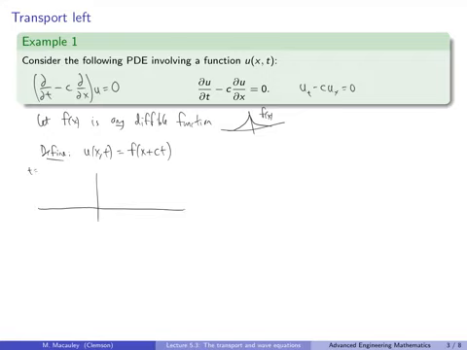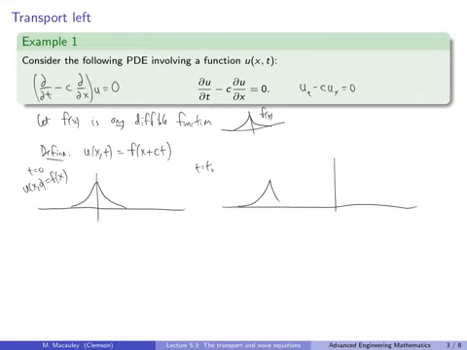First of all, at t equals 0, u of x, 0 equals f of x plus 0, so f of x, because t equals 0. So at t equals 0, our function is just f of x. Now at t equals, say, t naught, then I claim that the function is just a shift of that.